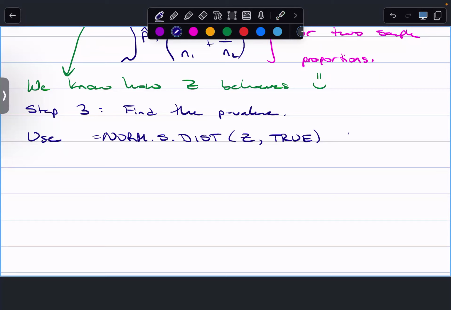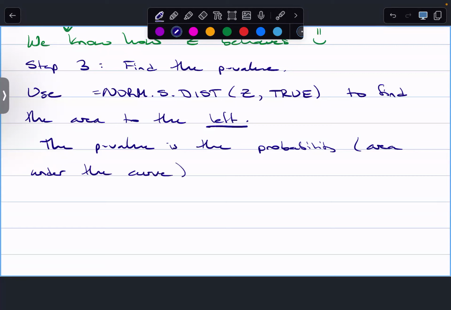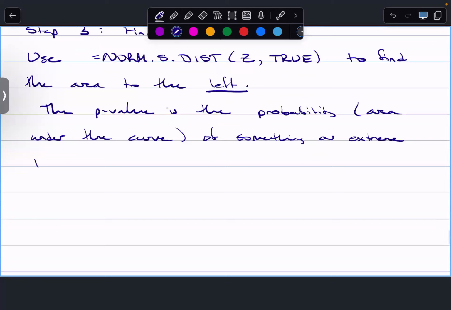But to find the area to the left, right, and sometimes you need the area to the right, the p-value is the probability, which is an area under the curve, the probability of something as extreme or more extreme than what we saw, assuming H naught is true.